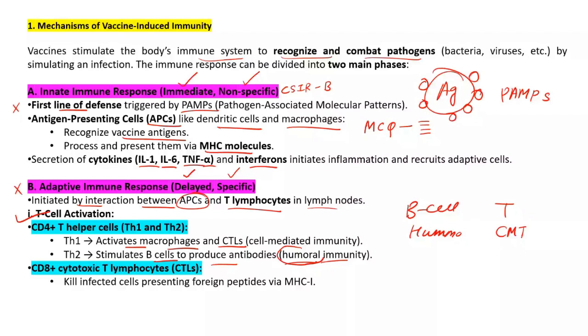Now you have to always remember this TH1 and TH2. These are not just the different kind of T helper cell, but TH1 is always involved in the CTL, cell mediated immunity. They will activate the macrophages. Macrophages क्या करता है? It will do the phagocytosis.